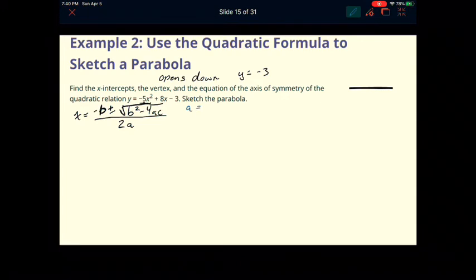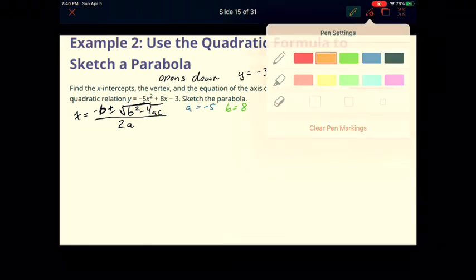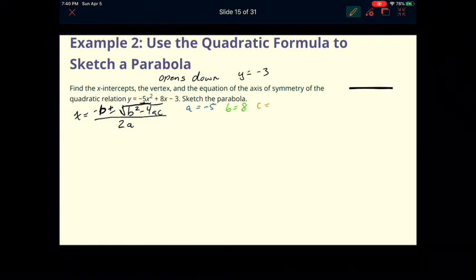So a equals negative 5. b equals 8. And the textbook suggests color coding like this so that you remember where things go.